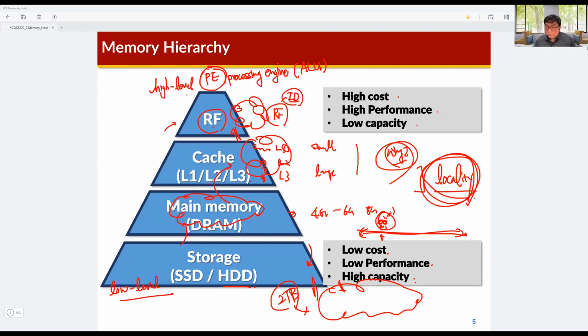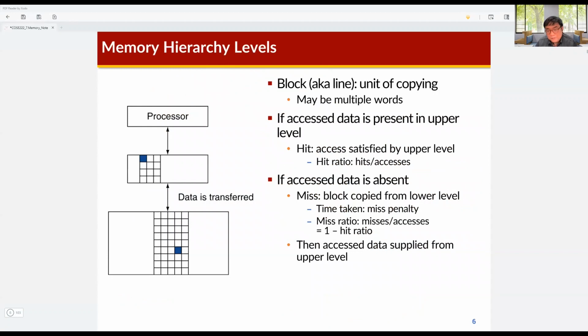This is very important. Good memory has a high cost, so it is located in the higher level of the hierarchy, while low performance memory, which is good for capacity, is located in the lower level of the hierarchy. It's important. This slide also explains the locality and the memory hierarchy of the computer system.